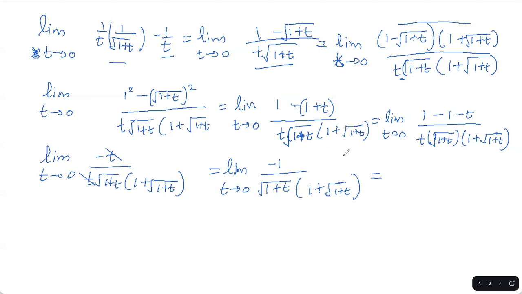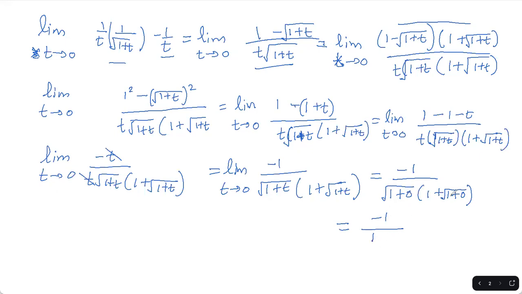So now you can substitute t equals 0, because now the denominator is not equal to 0. So the square root of 1 plus 0 times 1 plus the square root of 1 plus 0. We apply the limit, right? So then this is negative 1 over, here 1 plus 0 is 1, the square root of 1 is 1.